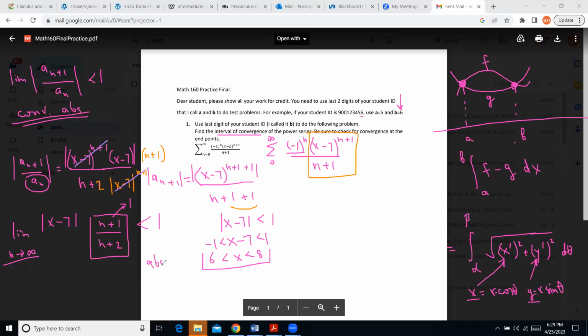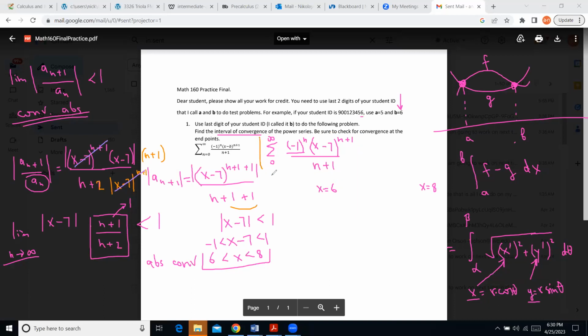Now the question is, what about the endpoints? See, this exercise is a little bit longer, so I need to see what happens when x is 6, and also what happens when x is equal to 8. And I'm working with this series, so I just need to replace in it those two numbers.